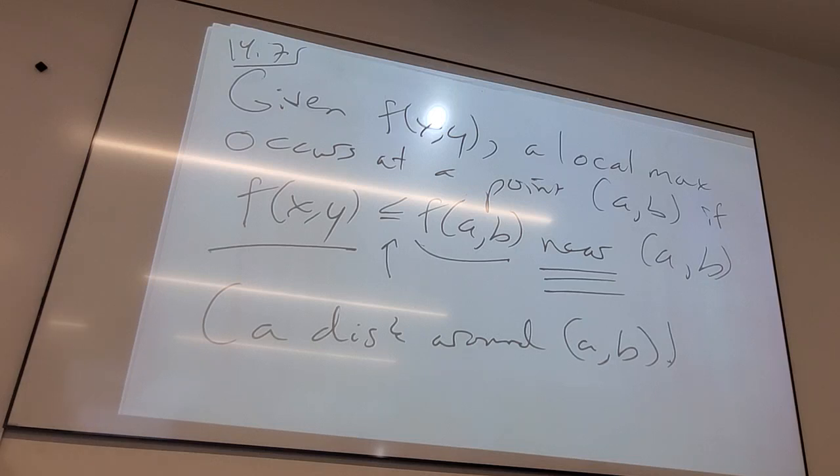So this disk around a, b would be a disk of radius epsilon, greater than 0. And we normally consider that to be really small, just a little disk around a, b. So to be a local maximum, you just have to beat out the points that are immediately around you. I can make epsilon, the radius of this disk, as small as I want it to be.